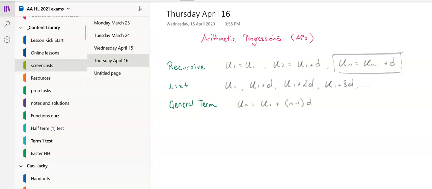The third term was U1 plus 2D, the fourth term was U1 plus 3D. So here we have our general term for an arithmetic progression. That's a really important result, and it's one we're going to use a fair bit. Now we're going to go through some examples, and we'll see how this plays out.